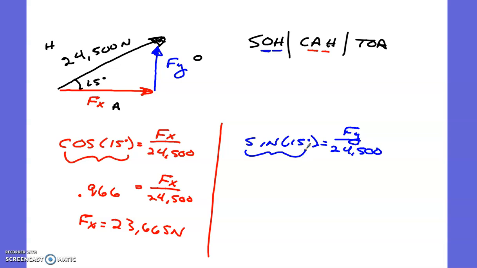You can either look this up on your trig table or type it in your calculator. Sine of 15 is 0.259. Multiply each side by 24,500, and we get that the y component comes out to be 6,341.